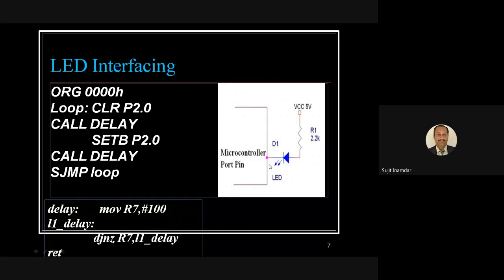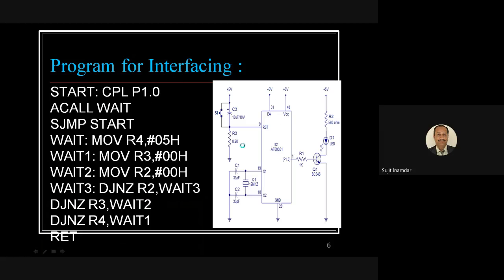This is the simple construction, the interfacing of that particular LED to the 8051. So it looks easy and simple compared to the earlier one. See this one.